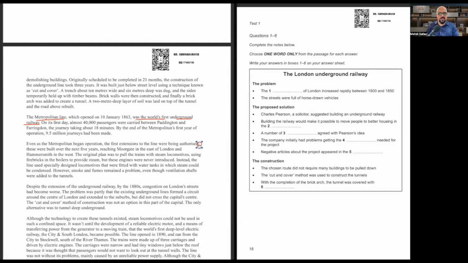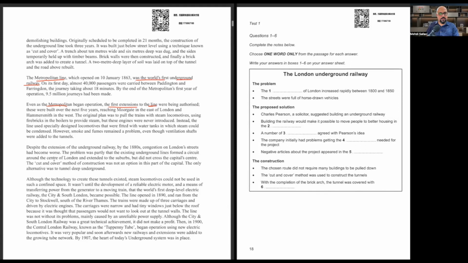It's technically not yet the end of the sentence. So these were built over the next 5 years, reaching Moorgate in the east of London and Hammersmith in the west. Okay. So this paragraph seems to be about the first extensions to the line. Well, about the same thing, of course, but yeah, the extensions.